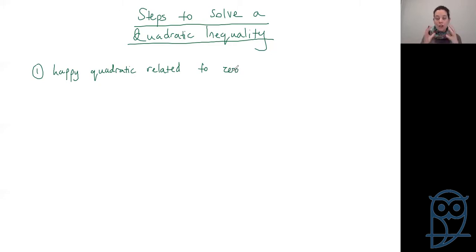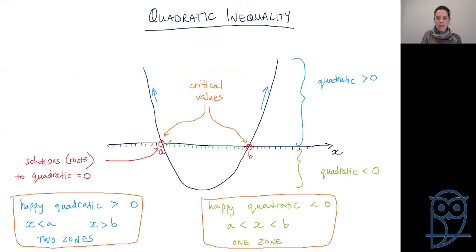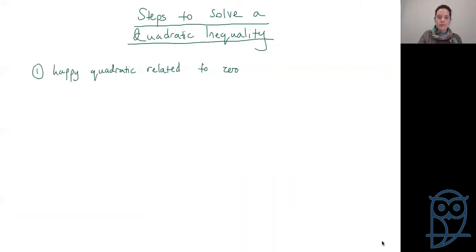It's a crucial part of this step because, as you saw on that previous one, everything is about this: are we above or below 0? So we have to have that relationship to 0. In the same way that if we want to solve, we would have to have equals 0. If we want to do an inequality, we have to have it related to 0 before we do anything else.